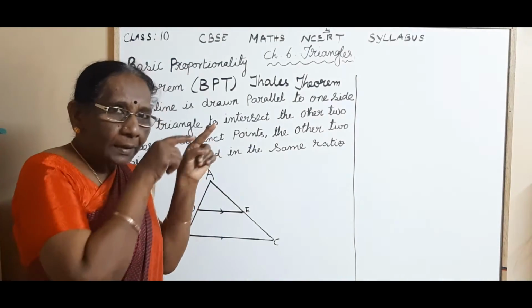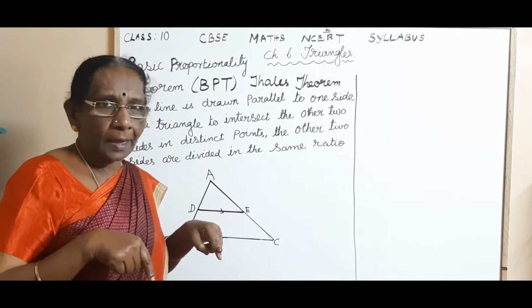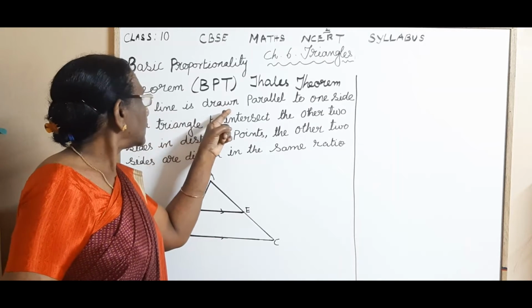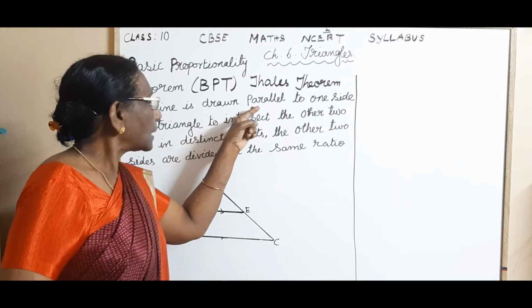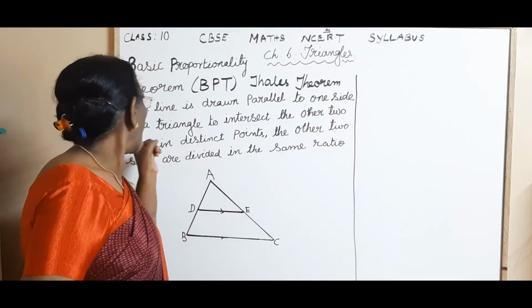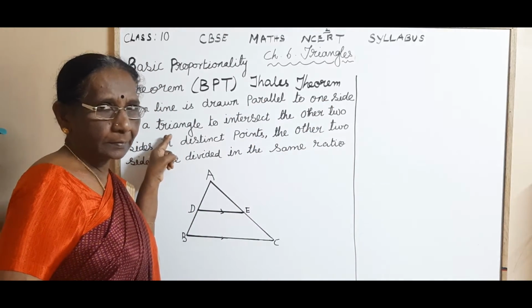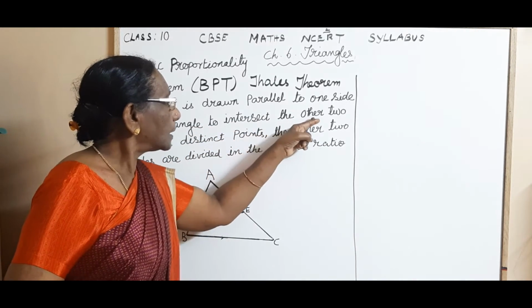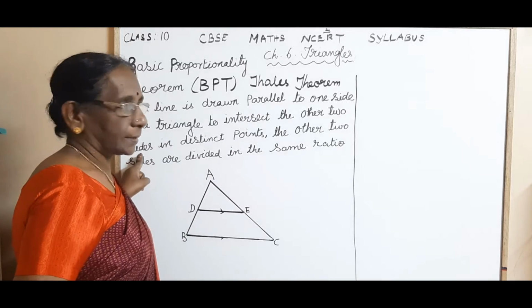It will intersect the other two sides, isn't it children? So what if a line is drawn parallel to one side of a triangle to intersect the other two sides?